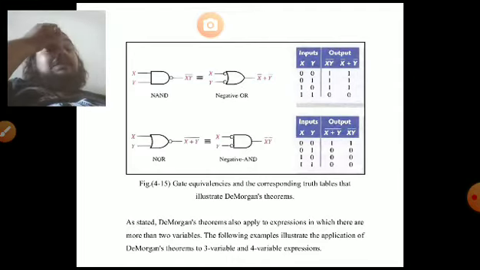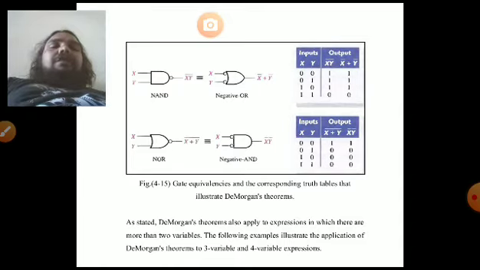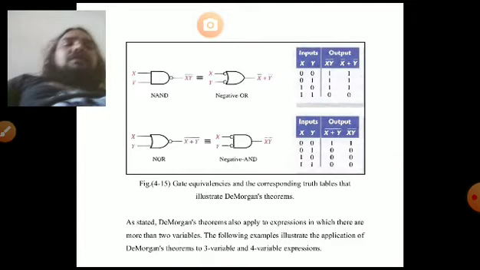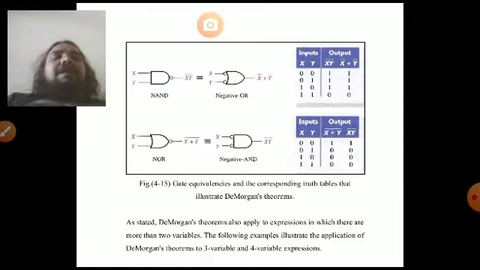Similarly, for De Morgan's second theorem, the NOR gate, or OR gate plus NOT gate, is equal to two NOT gates and one AND gate, a negative AND gate.